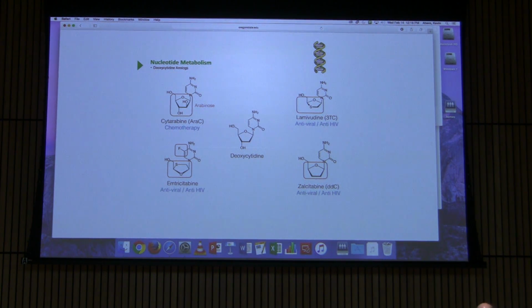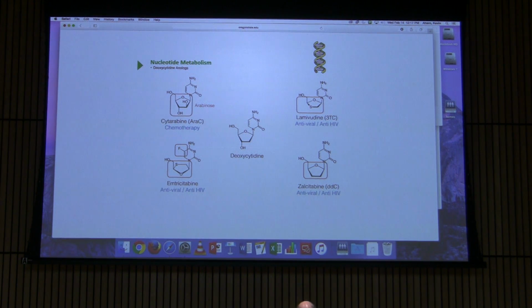It works because through some mechanism, either chain termination or competitive inhibition, it's stopping the synthesis of the HIV virus. The advantage of HIV inhibition is that the HIV virus has its own DNA polymerase that has slightly different specificities than the normal human DNA polymerase.